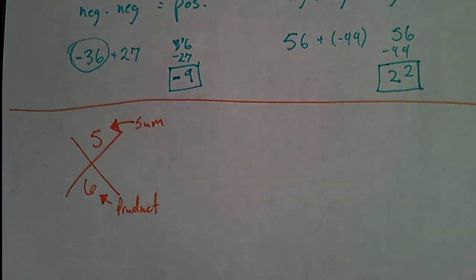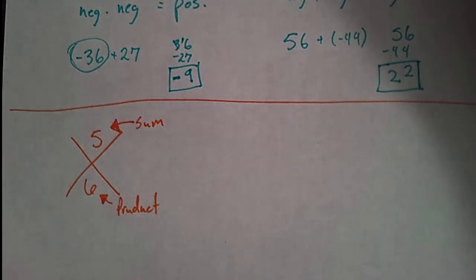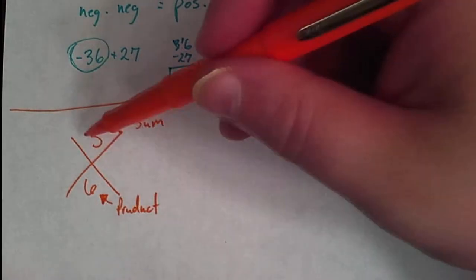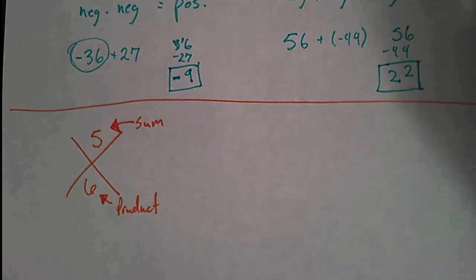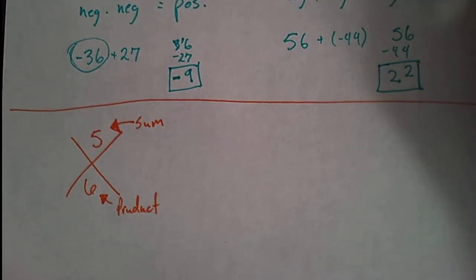Some of you are racking your brain, like, well, there's not too many numbers that add up to 5. Well, that's when we're considering two positive numbers. Now we have to think about where these numbers intersect. If they add to a positive, that means it's a positive and positive, or a positive and negative where the positive is bigger.